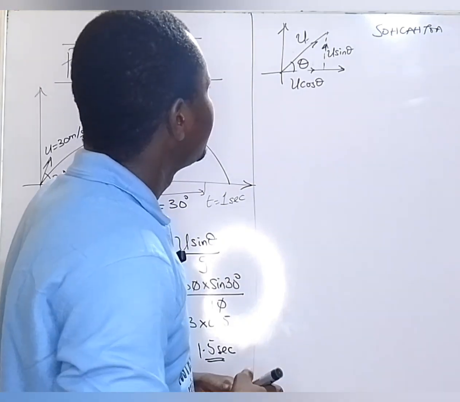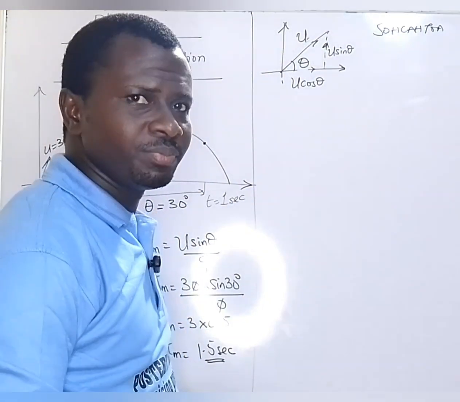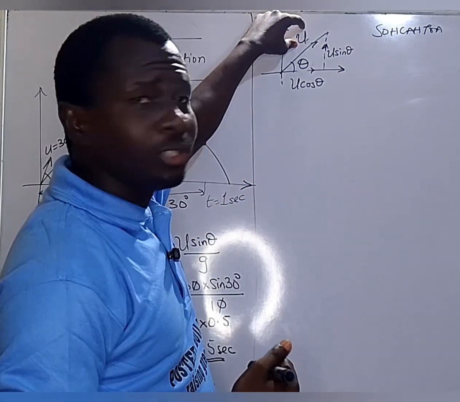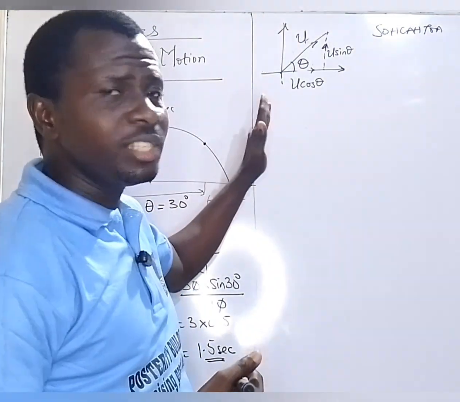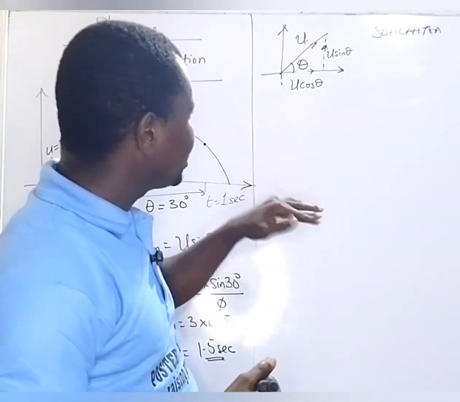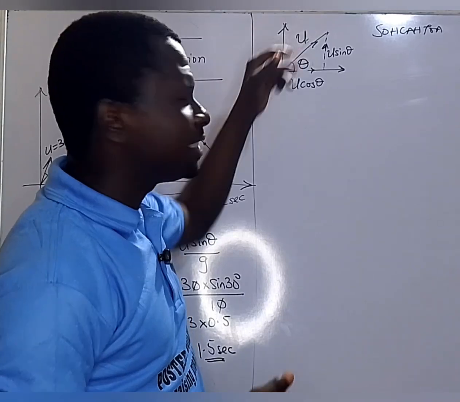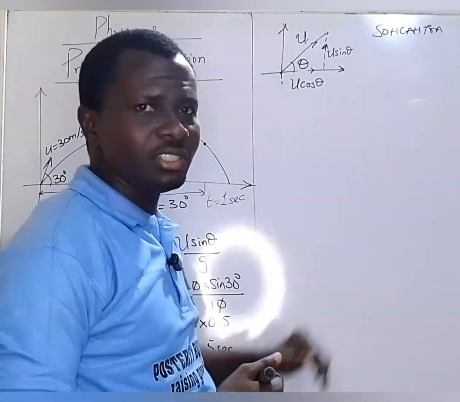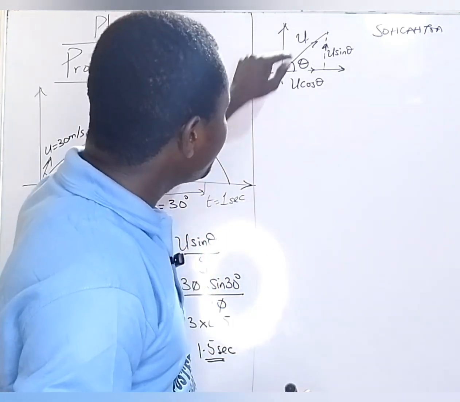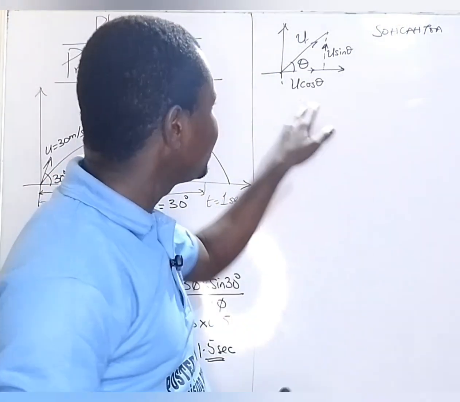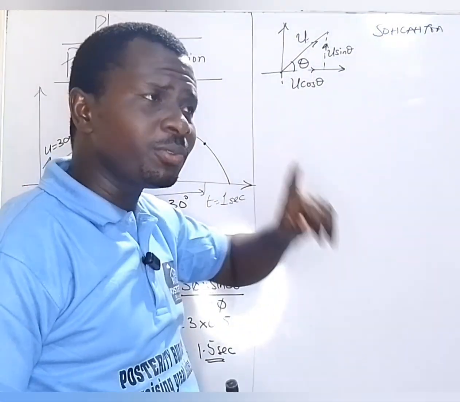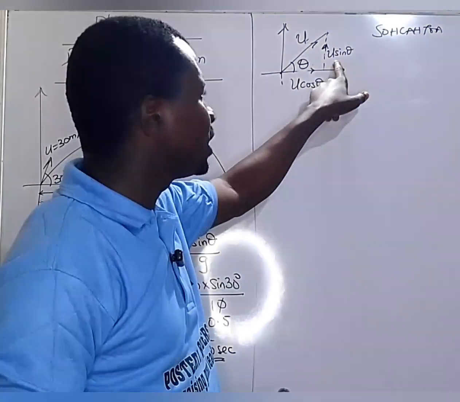Anytime a body is projected at an angle, the part of that projected velocity that is causing the body to move horizontally is U cos theta. I'll say that again. Anything that has to do with horizontal motion, the portion of the velocity responsible for that is U cos theta, while the portion responsible for vertical motion is U sine theta.